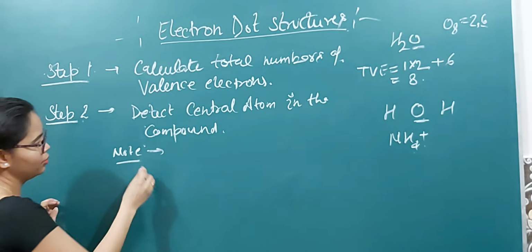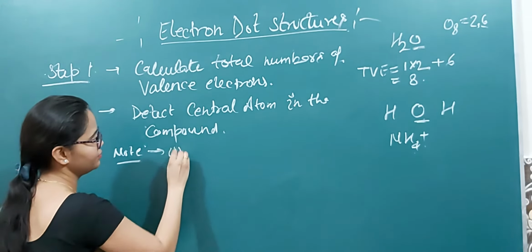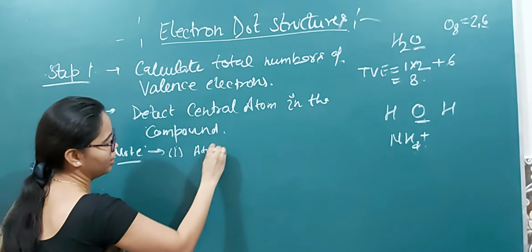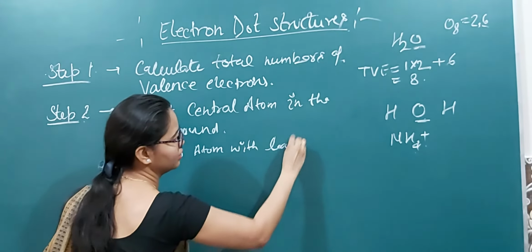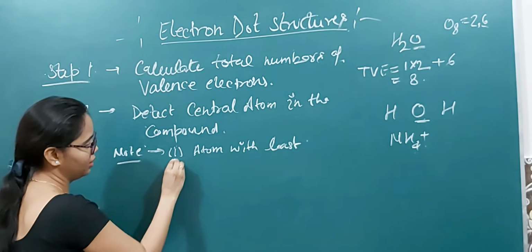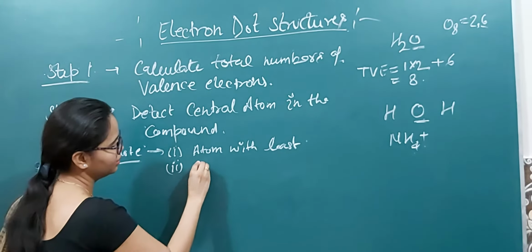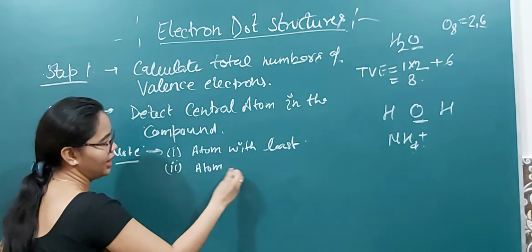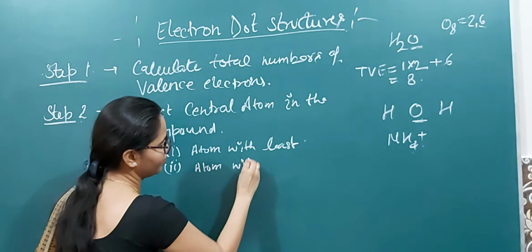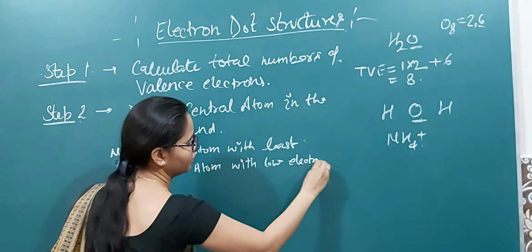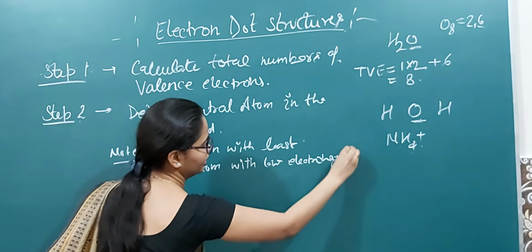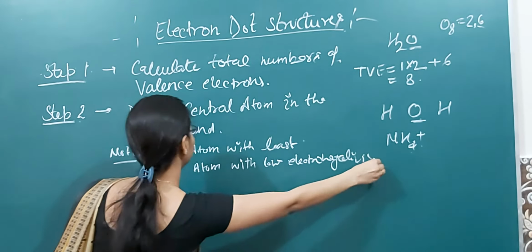Here I am writing some note points. First is the atom with the least number. Or you can compare the electronegativity, then the atom with low electronegativity will be the central atom.